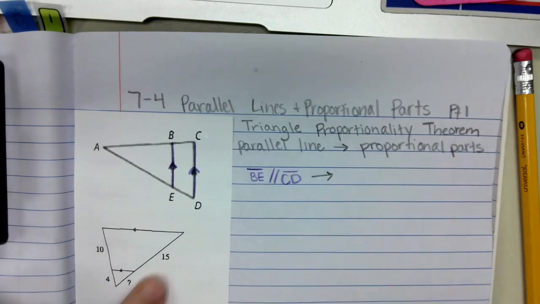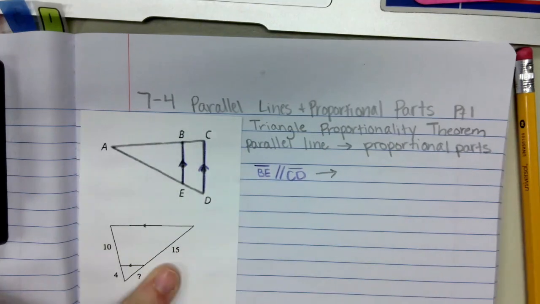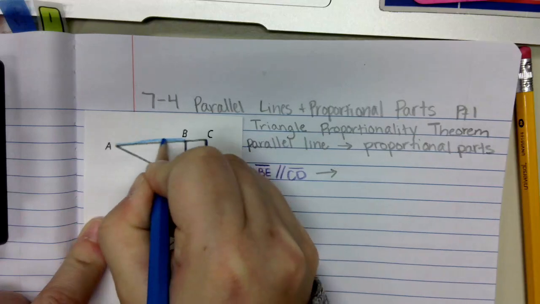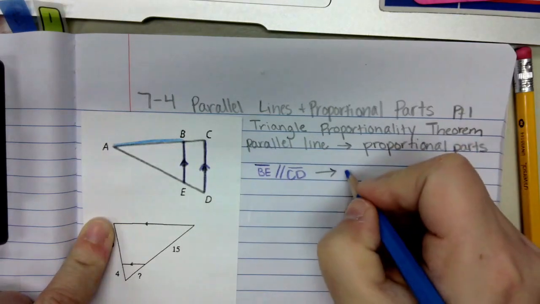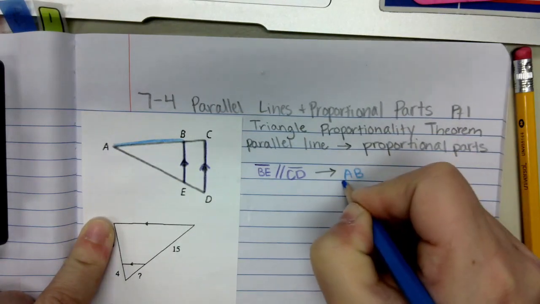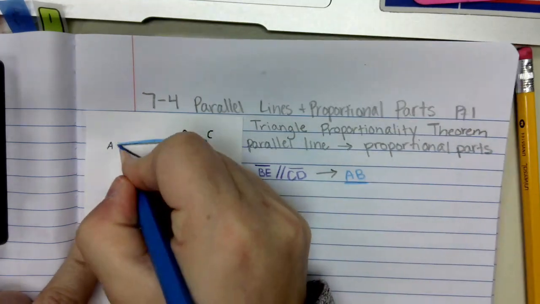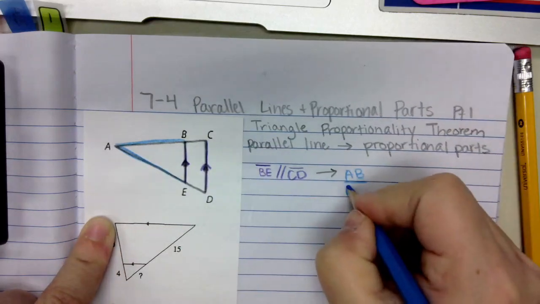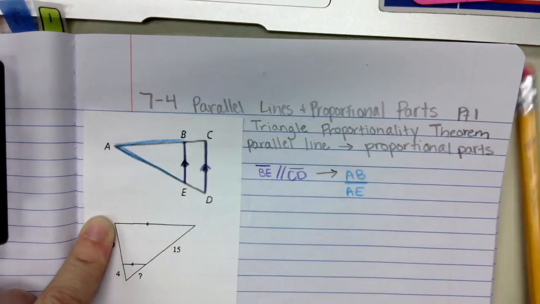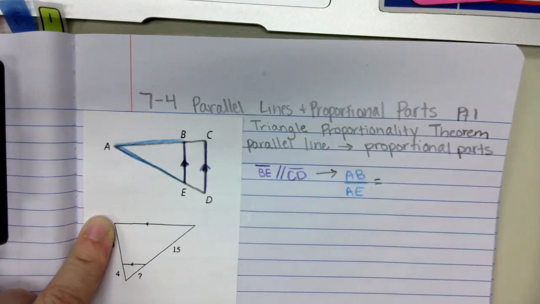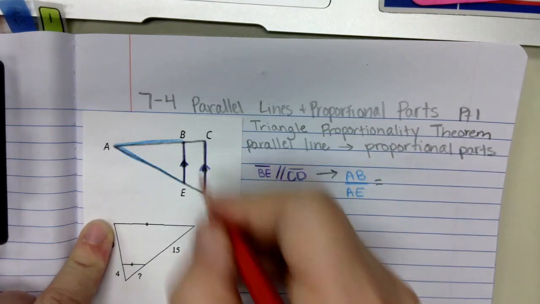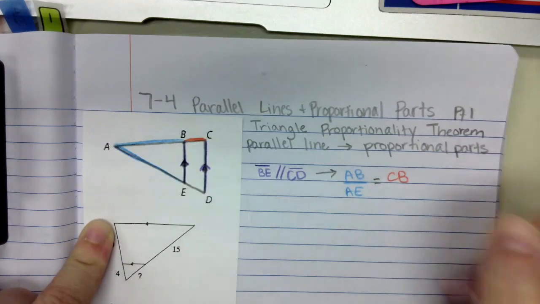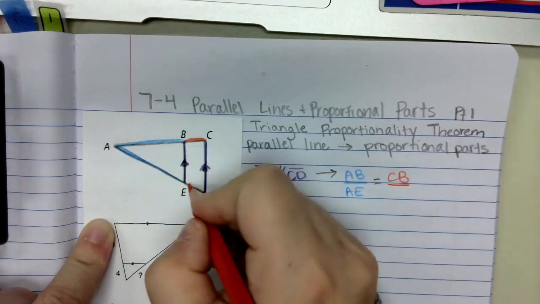Okay, we can compare the parts from one side to the other side. So I can say that AB compared to AE will be equal to CB compared to ED.